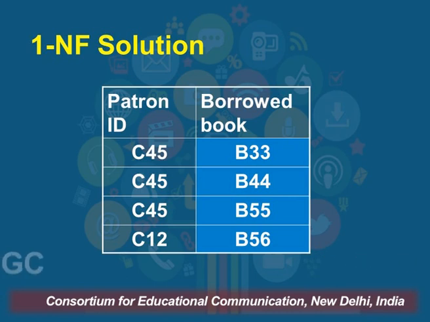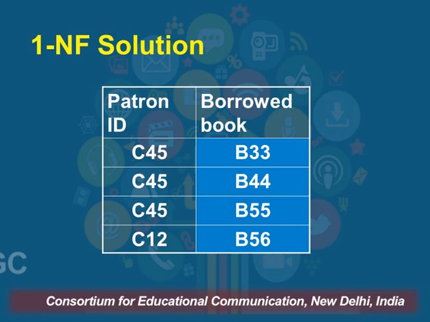That means the values stored inside an attribute were not single values. But here you can see every patron ID has one single book borrowed.